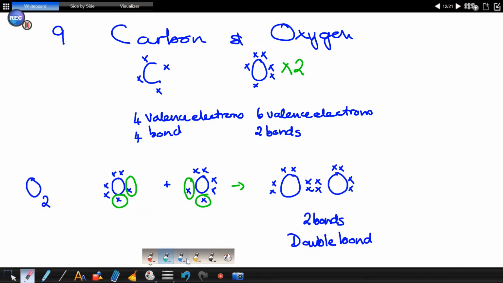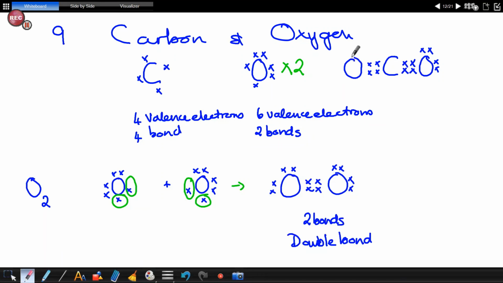And then I'm going to draw a carbon in the middle. And now I know carbon can form 4 bonds, but oxygen must form 2 bonds. So I will have to put 4 electrons between the oxygen and the carbon, and the same on the other side. I have to put 4 electrons between the carbon and the oxygen.